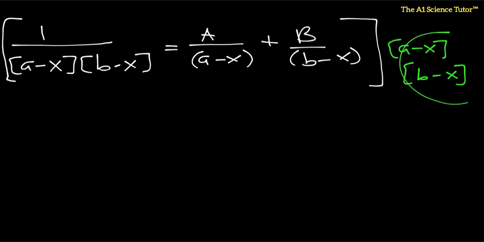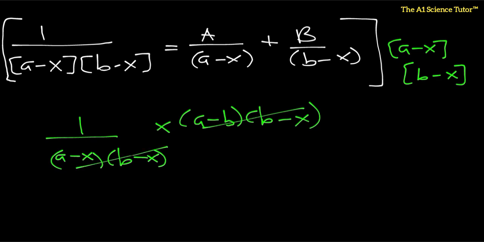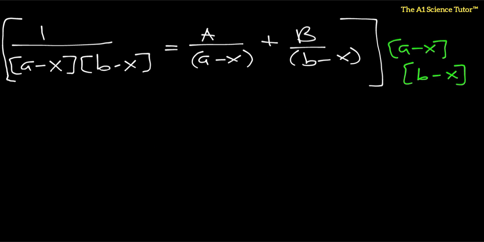If you use this stuff and multiply it, this should basically cancel out, because that is going to be 1 divided by a minus x, b minus x, and this will be equal to, well, that should rather be multiplied. So this is multiplied by a minus x, b minus x. Now obviously these should cancel out and just leave a 1 there.